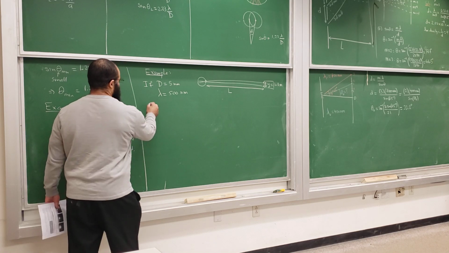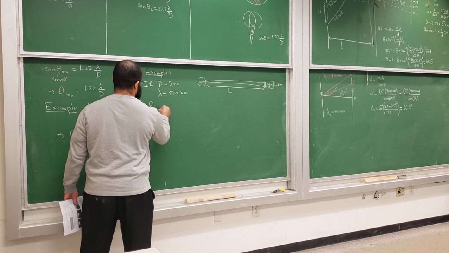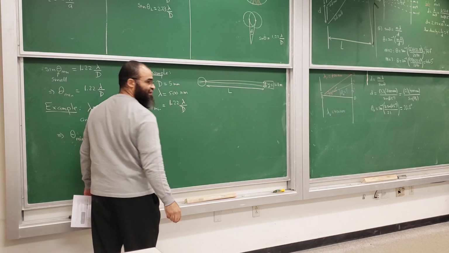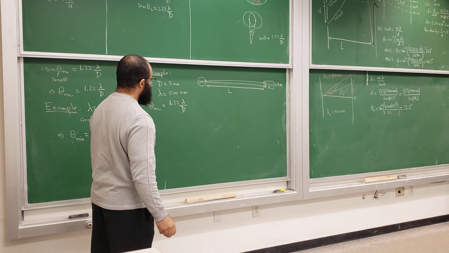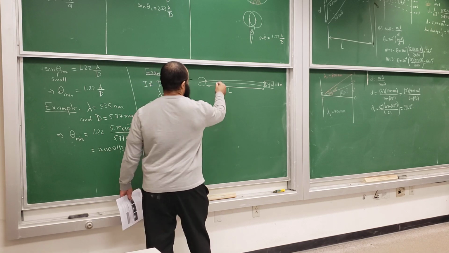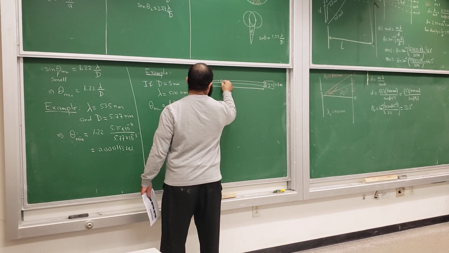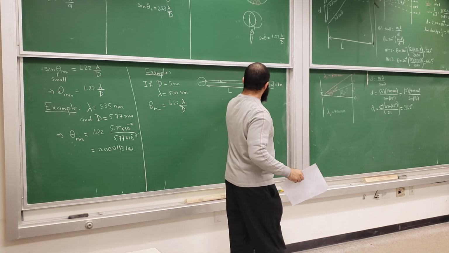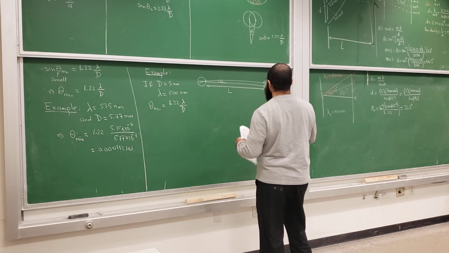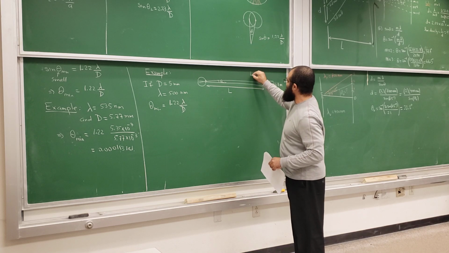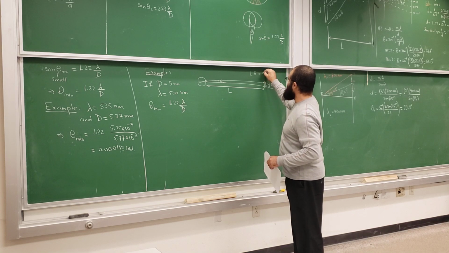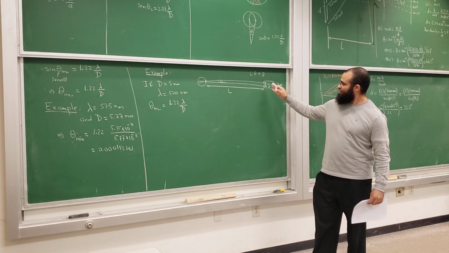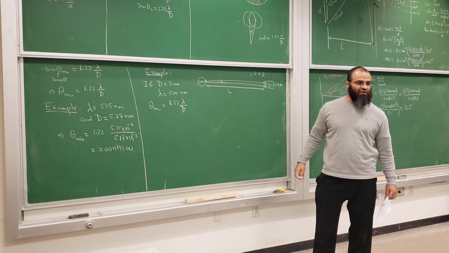So we know theta minimum is equal to 1.22 lambda divided by d, right? But also, here's theta minimum. It's a small angle, so I know that L times theta is equal to y, the arc length. Not quite an arc length, but approximately.